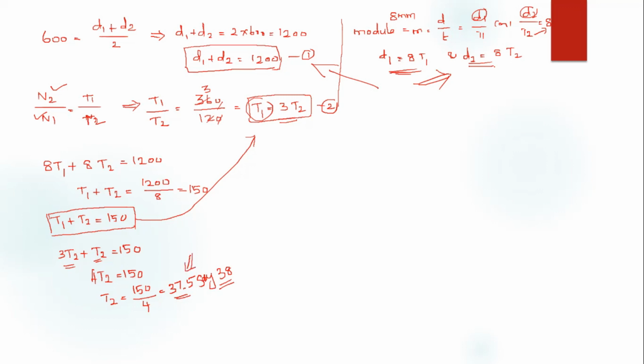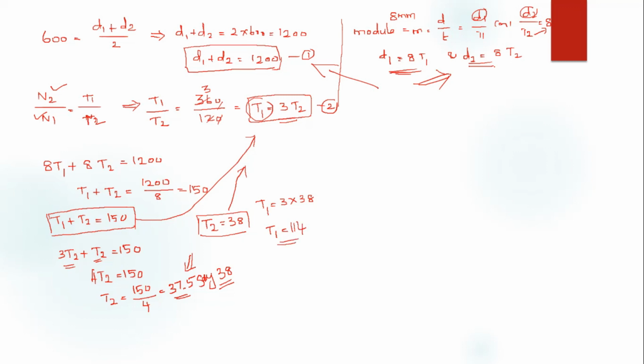So T2 equals 38. Substitute this T2 value in this equation, then you will get T1. So T1 equals 3 into 38, which equals 114. This is the value of T1.